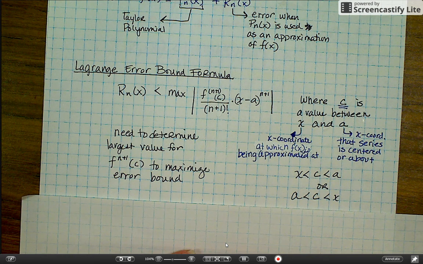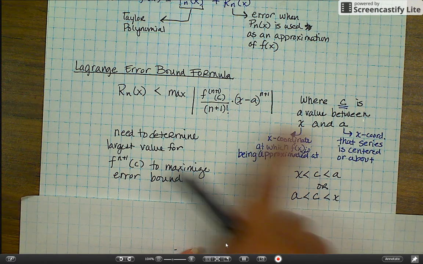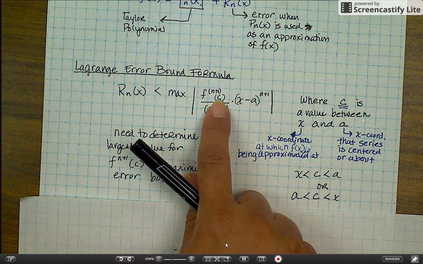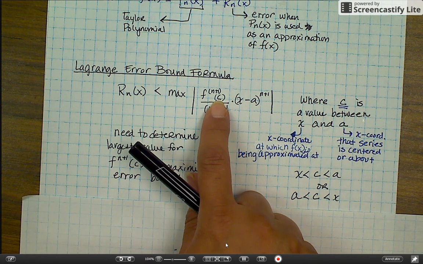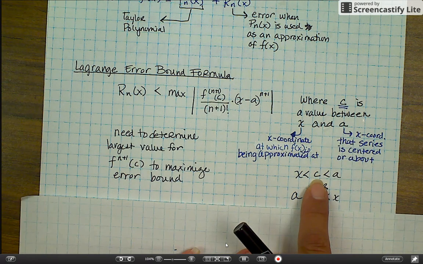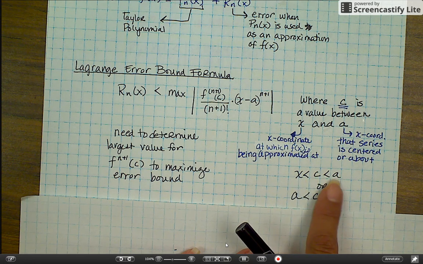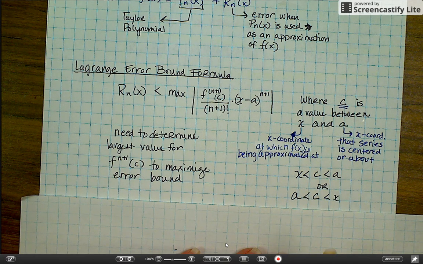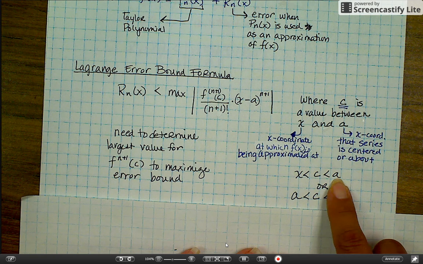Now let's talk about some of these terms, okay? First off, c would be an x value that we may or may not find, but c would always be in between your x and your a. Now what is your x and your a? Your a is the x-coordinate that you are centered about, okay?